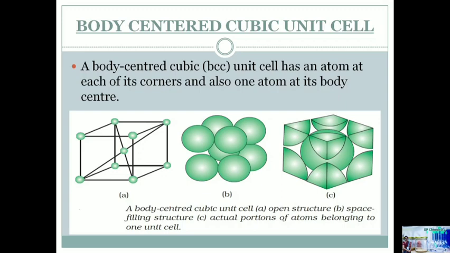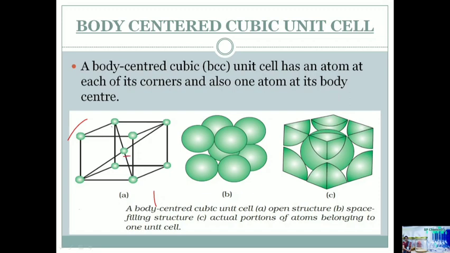Now let us come to the body-centered cubic unit cell. From its name you can see a body-centered cubic unit cell has an atom at its corners, as well as at its body center. At all corners atoms are present. At its body center one atom is present.